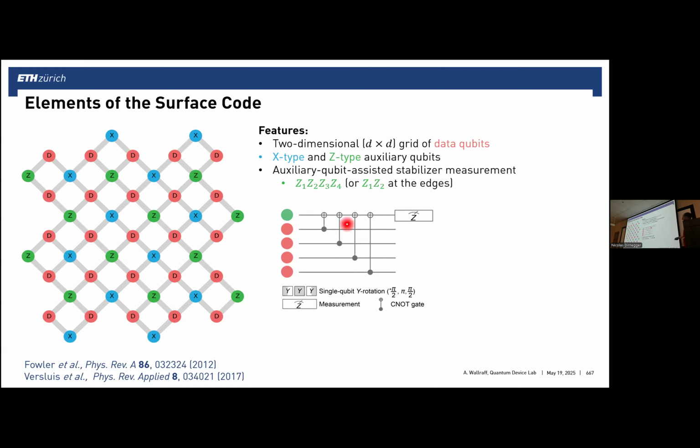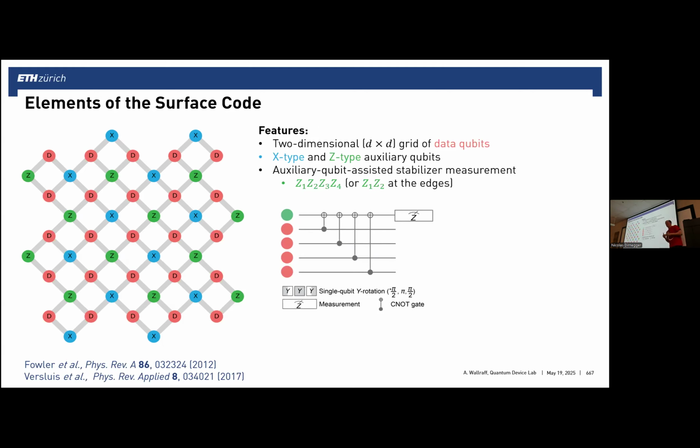Now you could imagine that every CNOT flips the state of the auxiliary qubit if the control qubit is in the state 1, and it does nothing when the control qubit is in state 0. So now you can easily see if there's an even number of data qubits which are in state 1, you will flip the auxiliary qubit an even number of times. And if you flip it an even number of times, it's essentially doing nothing. You flip it no times, it's still in the original state.